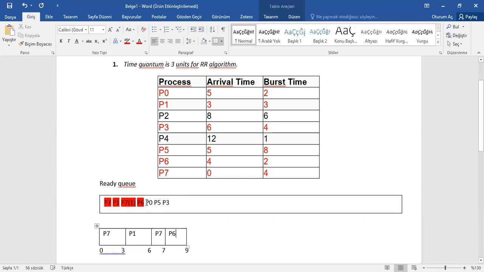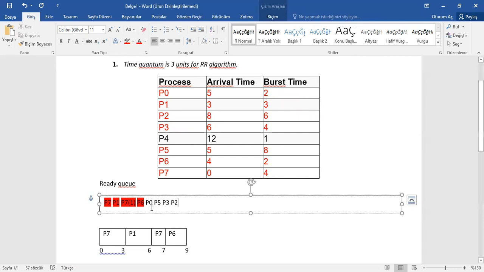So I will check if any process arrived in the ready queue when time is 9. Which one has arrived? Process 2 arrived when time is 8. So I will write process 2, okay?